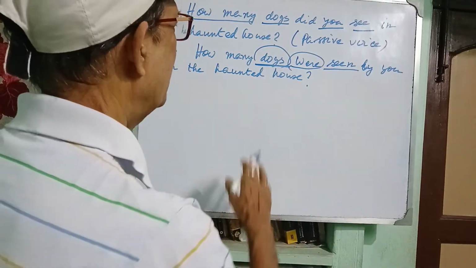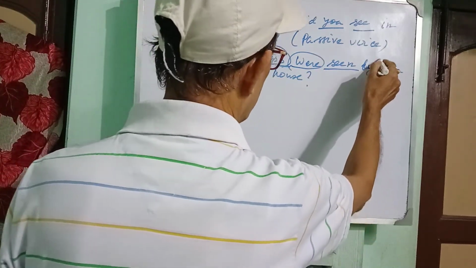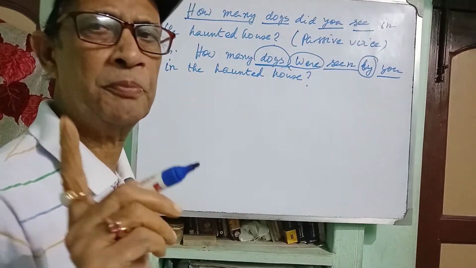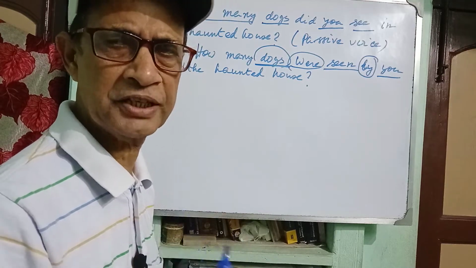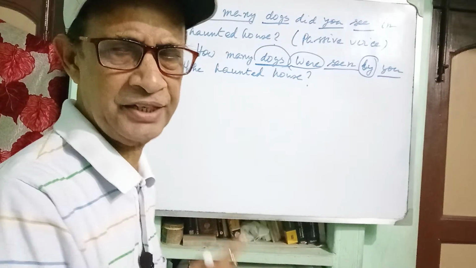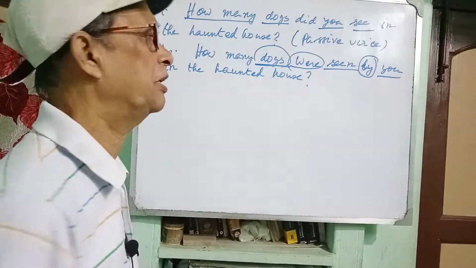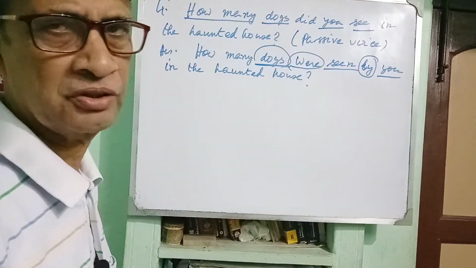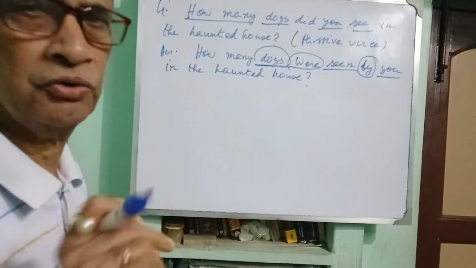So how many dogs were seen by you, preposition by, and you becomes the object. You was the subject in the active form, and in the passive form it becomes the object, by you, in the haunted house. So how many dogs were seen by you in the haunted house?